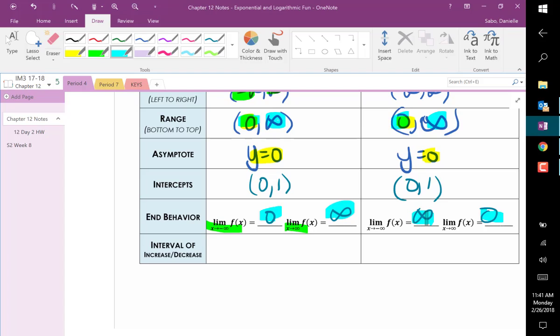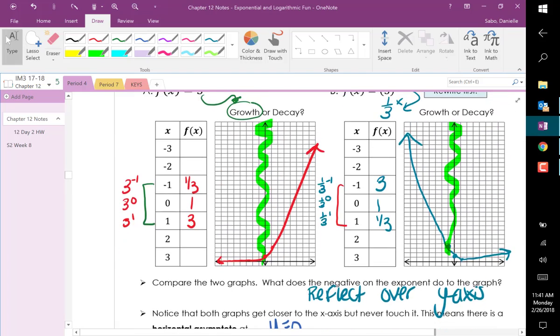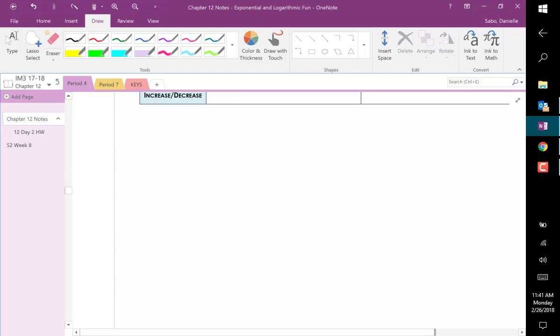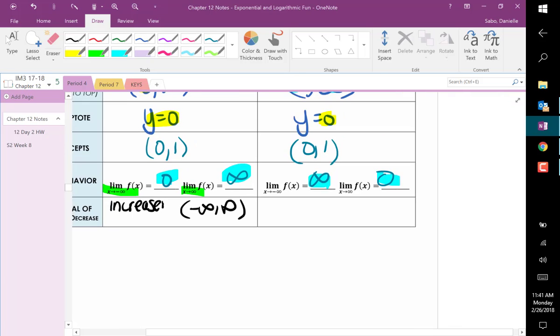That's the cool part. Now, for the interval of increase and decrease, am I always increasing or decreasing in growth? Increasing. So I'm going to be increasing, and it's always going to be your domain, negative infinity to positive infinity. What that means is you're always increasing, for all real numbers. What about decay?